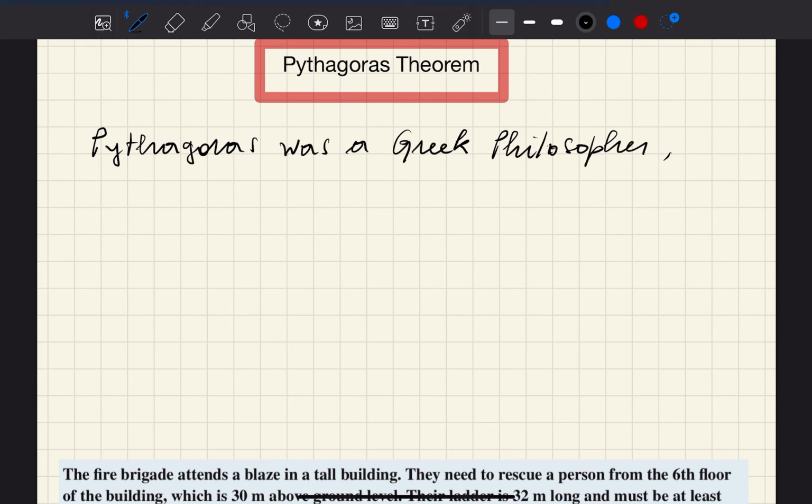So he was a Greek philosopher and mathematician. On top of that, he was a religious leader as well.